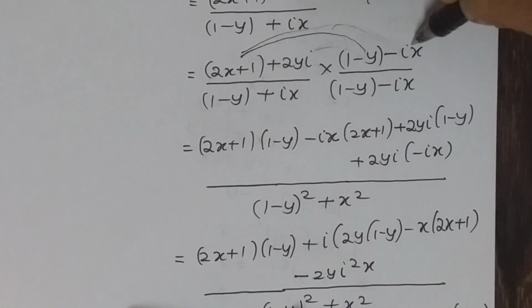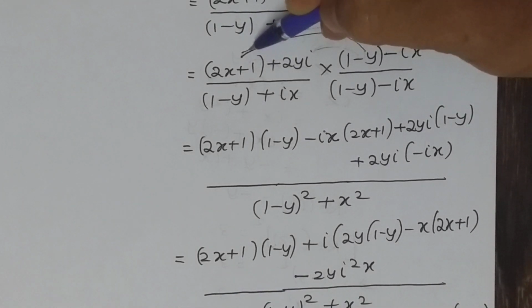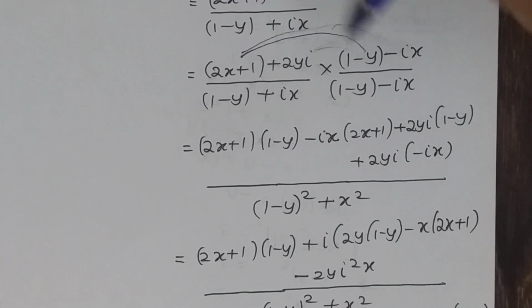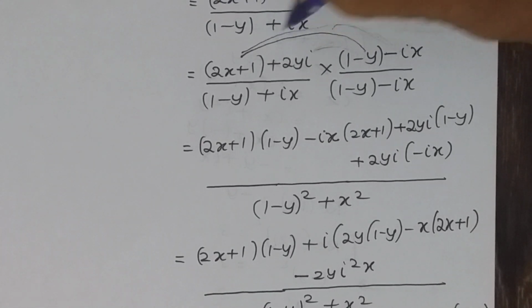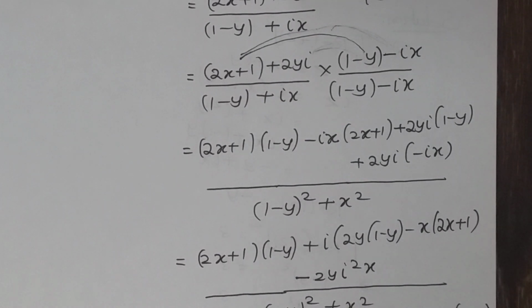Okay students, so first what you should do? First take the real part, then multiply both the real part as well as the imaginary part. Then take the imaginary part, then multiply both the real part and the imaginary part.